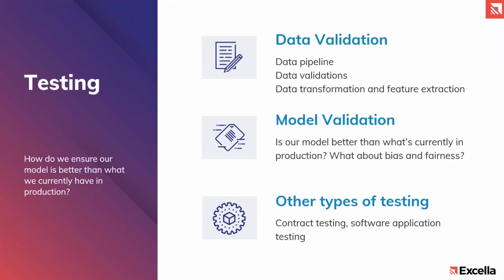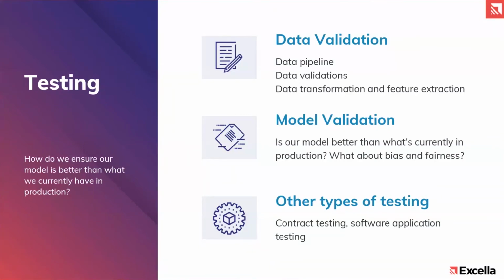But let's look at testing, because I think this is a very fascinating area of machine learning and MLOps in general. We have mostly two types of testing when it comes to machine learning models. The two I want to talk about are data validation and model validation. Data validation is, of course, making sure that the incoming data you use for your training is accurate.